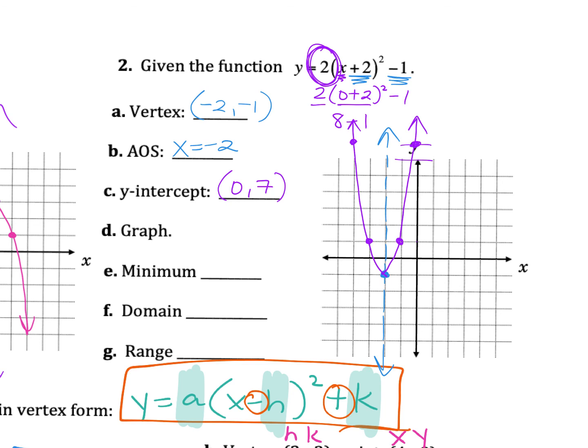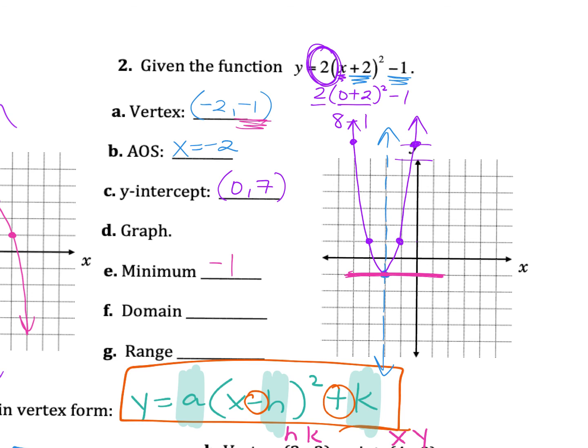Okay, what's your minimum? Not -2. What's the low point of your graph for your y value? Not 0. Where are we at? -1. It's always your vertex y value.